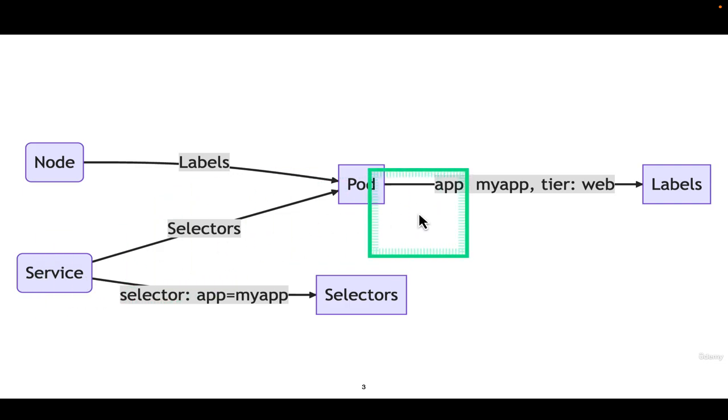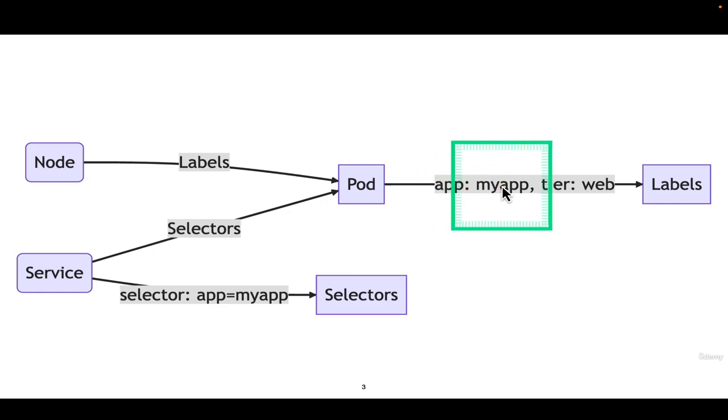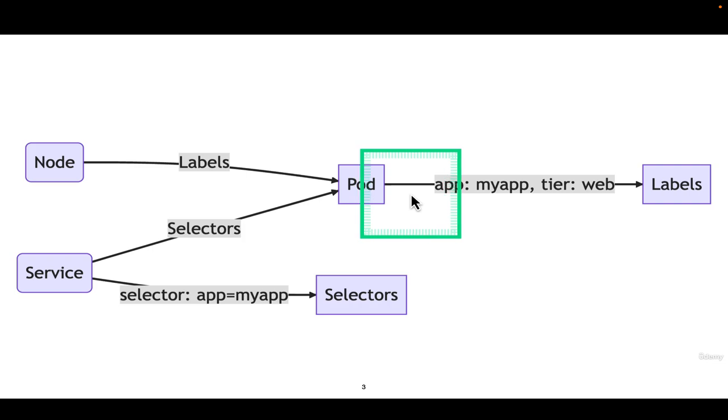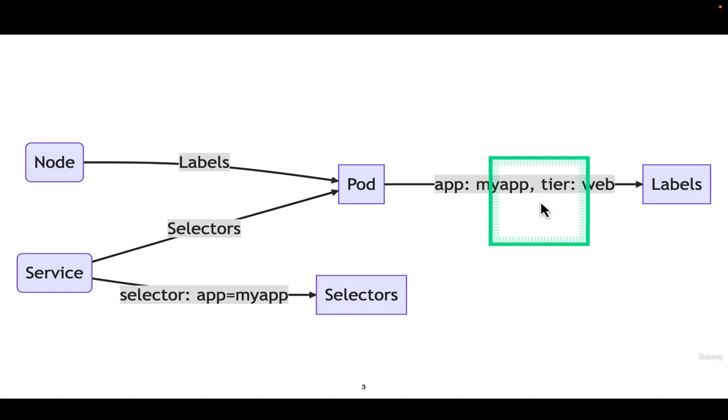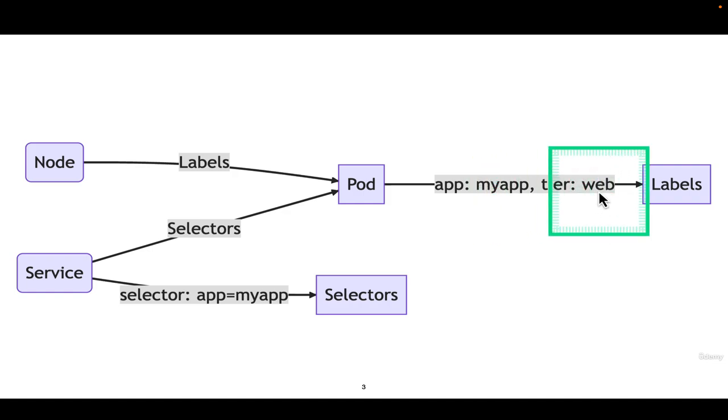Pretty much any object you can assign user-defined arbitrary labels, and labels are key value pairs. In this case, for example, the pod has the key app and value my app, and there is a second label with key tier and value equal to web, and these are the labels.